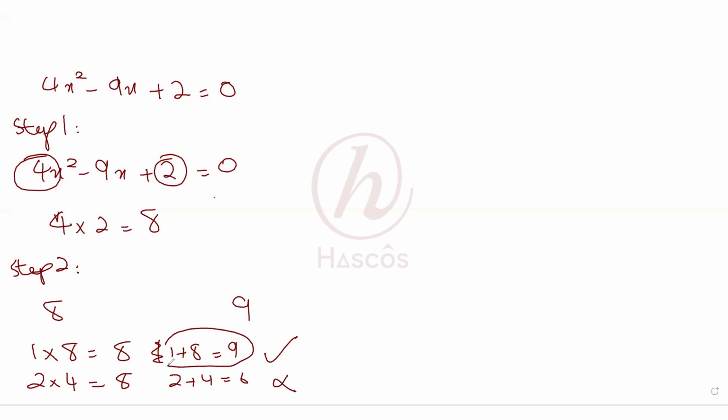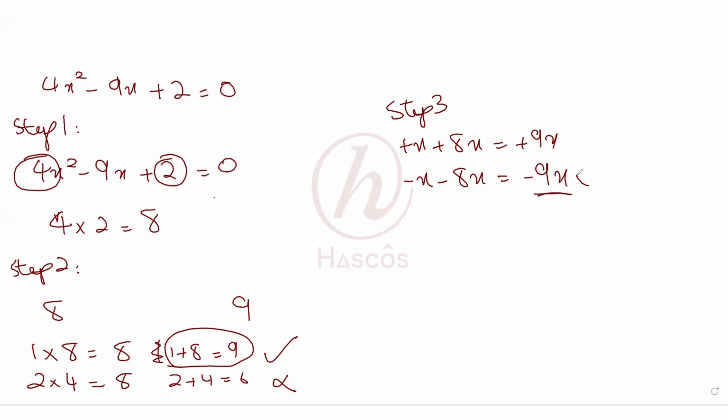And this is the operation that we will have to break down our work into. In step number 3, we need an addition operation. There are two ways in which we can have an addition operation. We can do a positive x plus 8x, that's going to give us a positive 9x. We can do a negative x and a negative 8x, that's going to give us a negative 9x. Since our middle term is a negative 9x, this is what we're going to go ahead with, and this is what we're going to disregard.